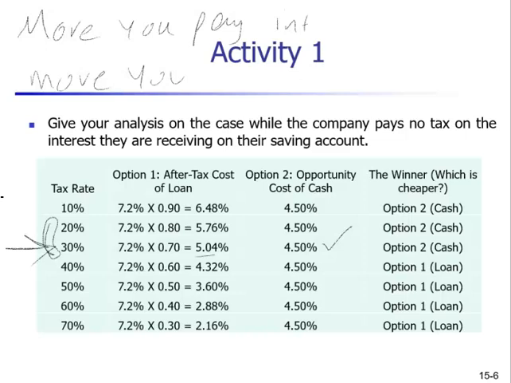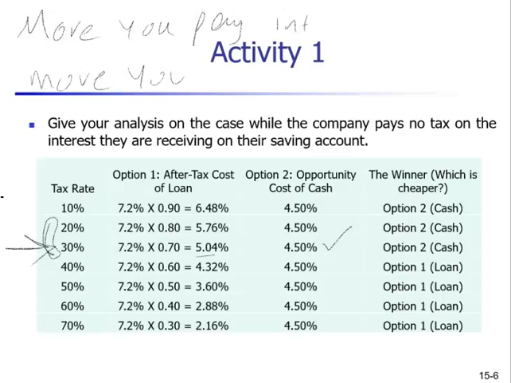So that's the reason many people prefer paying cash, because they said that I have the cash, and for the cash I'm getting only 4.5% that I need to pay tax on that again. Why should I finance something at 7.2% that even after tax deduction still it is higher than the interest I'm receiving? I hope now you are getting the insight here.